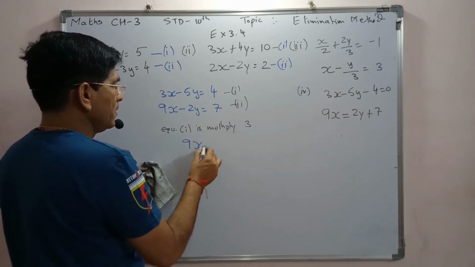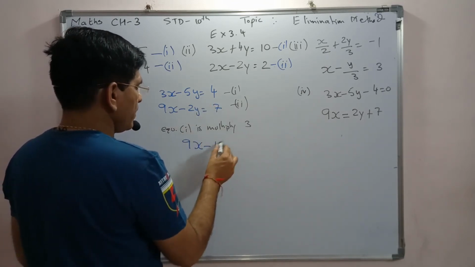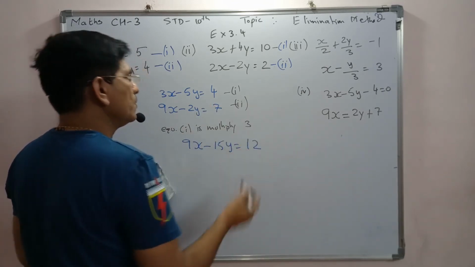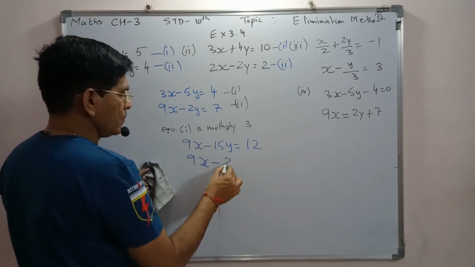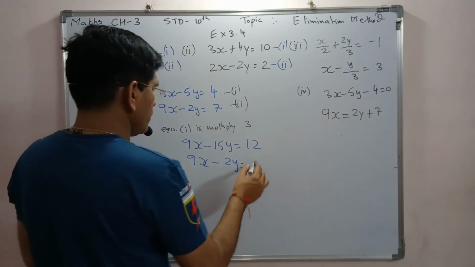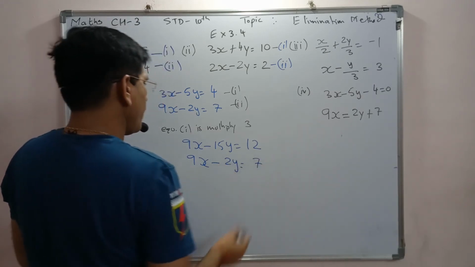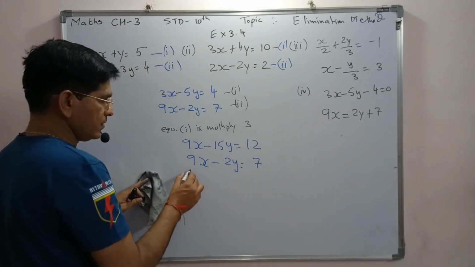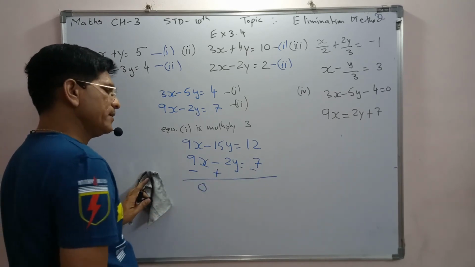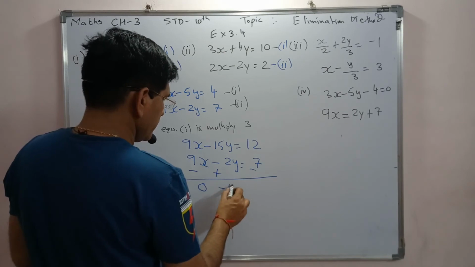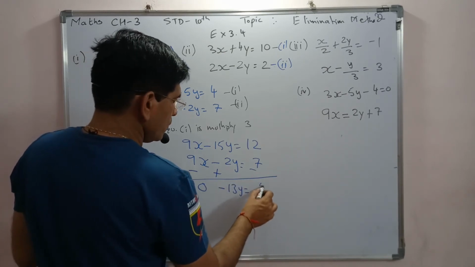Therefore 9x minus 15y is equal to 12, and 9x minus 2y is equal to 7. Now we have to change the sign: minus, plus, minus. Here we get 0, so minus 13y is equal to 5.